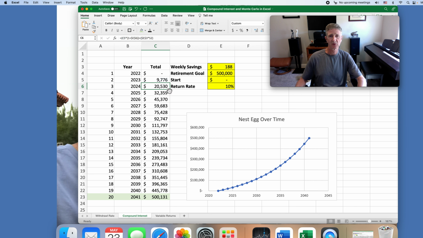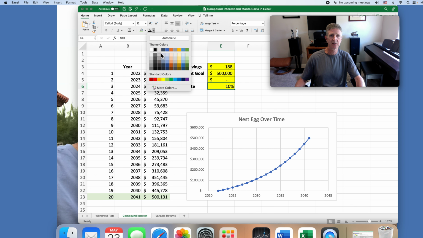So it comes out to 20,530, and so forth. Same formula, just moves down a year. Same formula, uses the 32,359 above it, but the same interest rate. Now here's the kicker. We can't use a fixed interest rate of 10%.